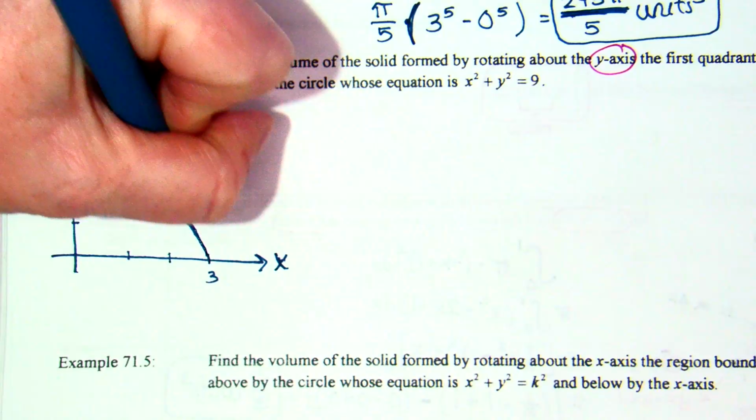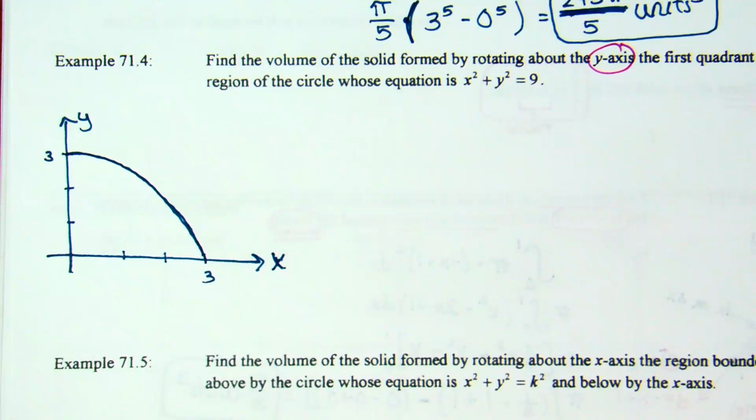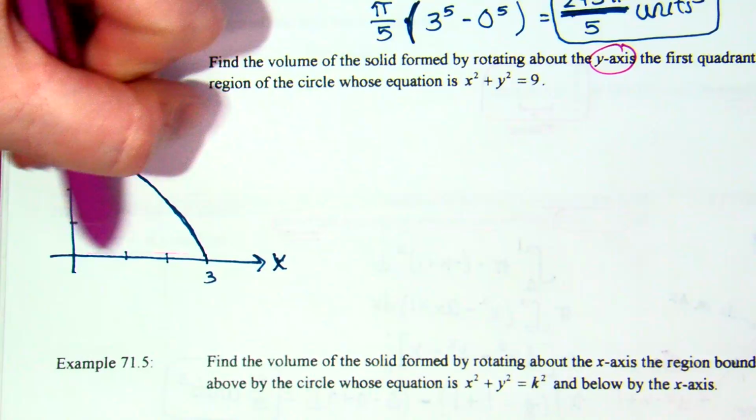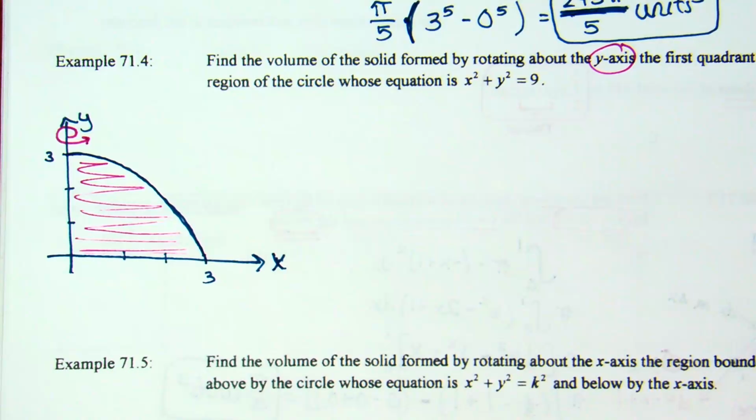It did say rotated about the y-axis. Since it's rotated about the y-axis, obviously you figured out that it's this quarter circle. What's that going to look like when we rotate that? I heard hemisphere in class. I heard a dome.